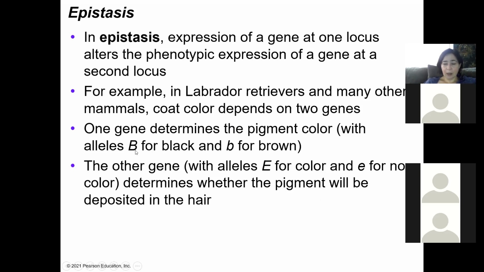Labradors can be black, which is dominant, or brown, which is recessive, right? But there's another gene, let's say E, which controls deposition of pigment in the hair. If you have dominant, your hair will have color. If you have recessive, the hair won't have any color, whether you have black or brown.